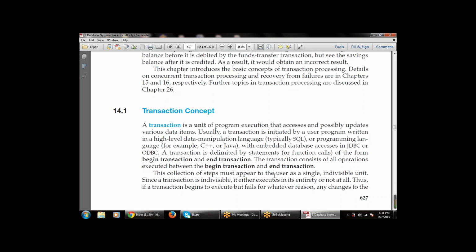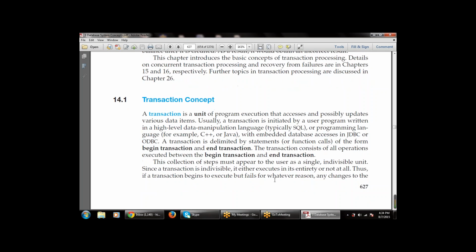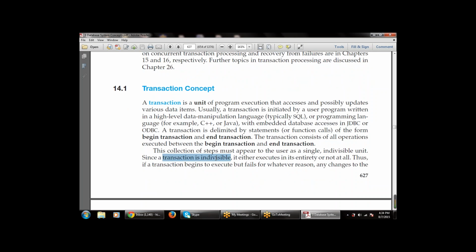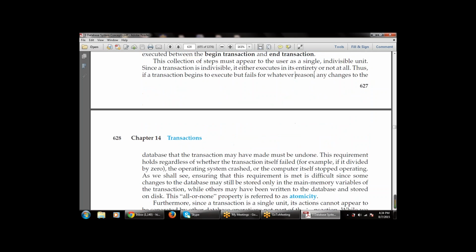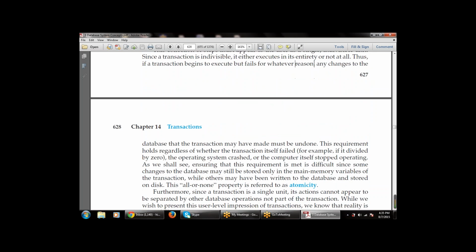This collection of steps must appear to the user as a single indivisible unit. Since a transaction is indivisible, it either executes entirely or not at all.